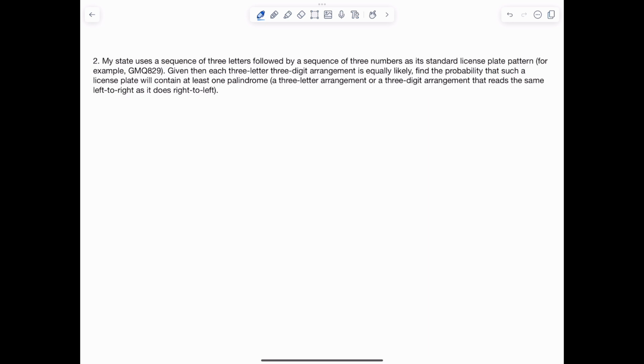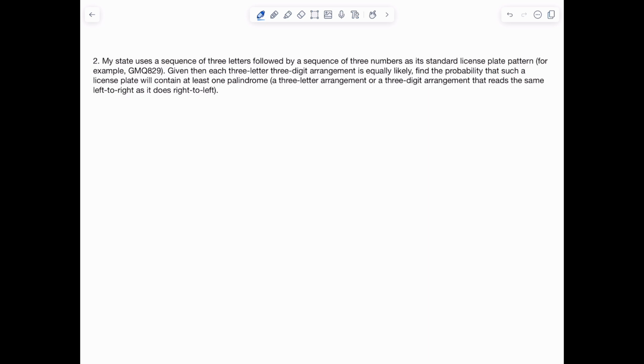So in this situation, we have 2 cases. The first case is in which the letters are in palindromic format, and the second case is in which the numbers are in a palindromic format. So what we can start by doing is counting how many ways there are for the letters to be in a palindrome sequence.